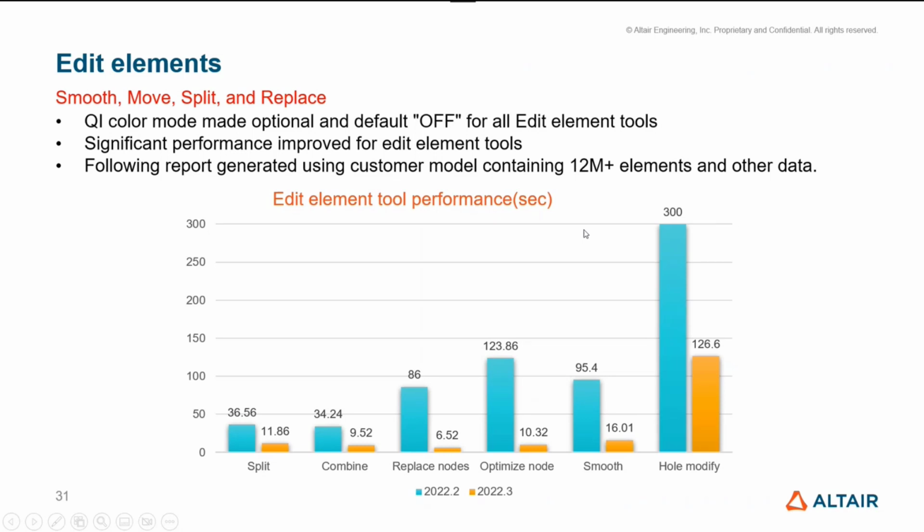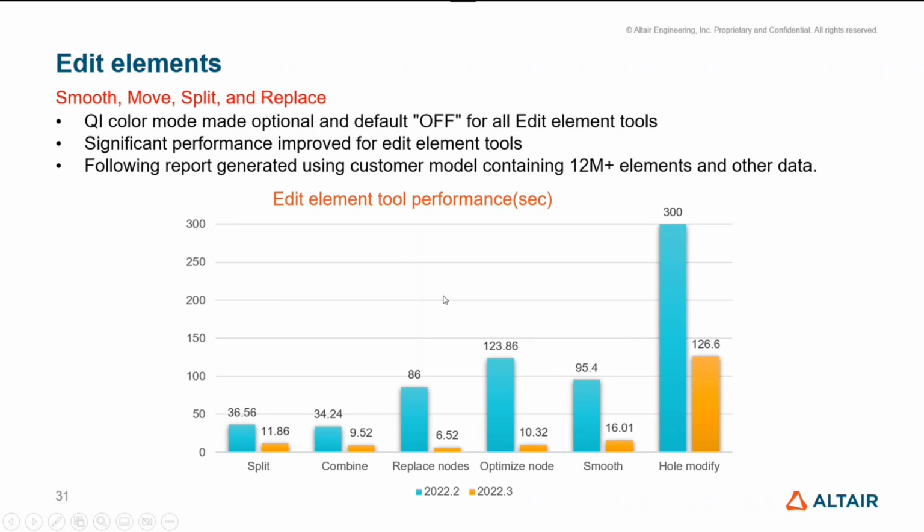But with this new version, we have made the QI color mode optional, and by default it is off. If somebody wants to work in QI color mode, they have to access the hamburger menu and turn the flag on. If you look at the data, earlier splitting a single element used to take 36 seconds for a model having considerable elements visible in the graphics and loaded in the session, but now that has been significantly reduced.